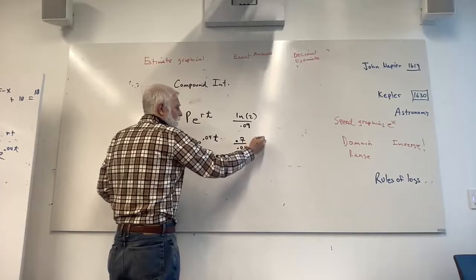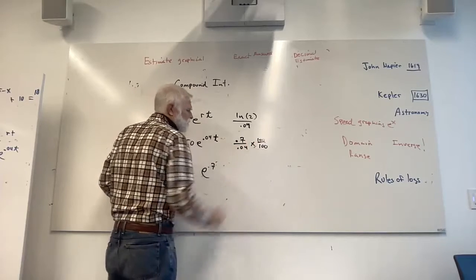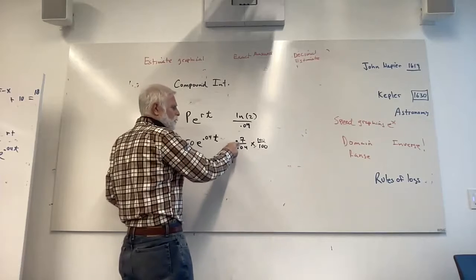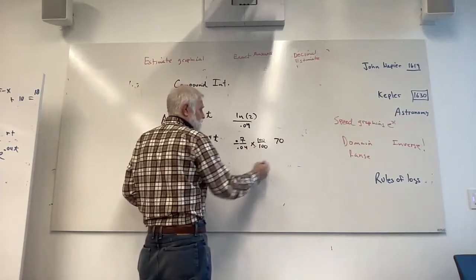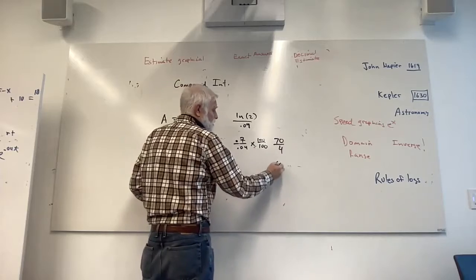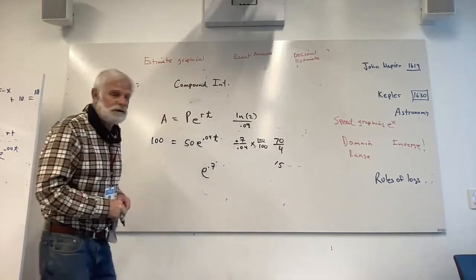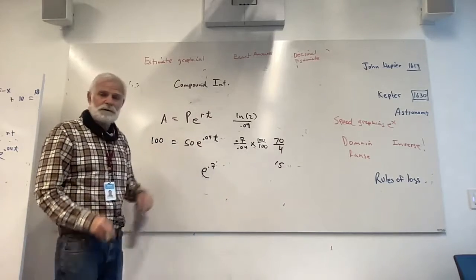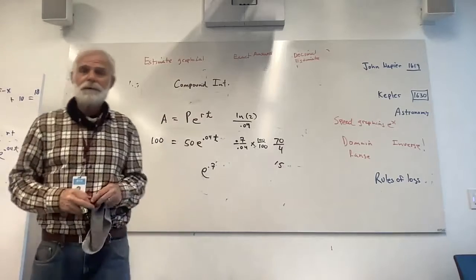I'm going to multiply by 100 over 100 because it makes it so much easier. 100 means I'm moving the decimal 2 places. Looks like 15 years, huh? It takes 15 years to double your money at a 4% interest rate in a savings account.